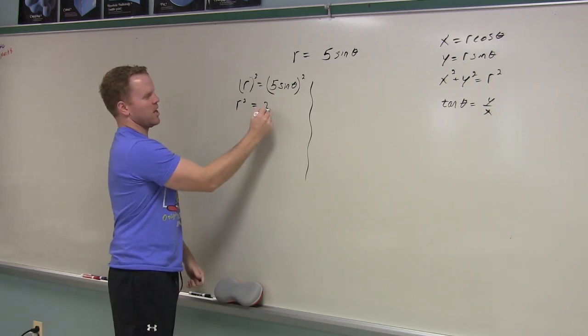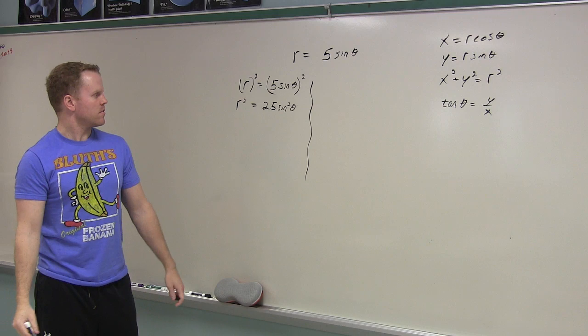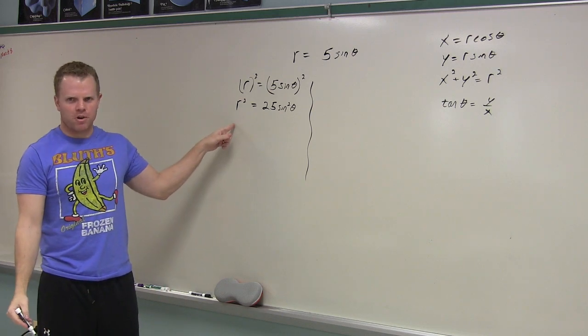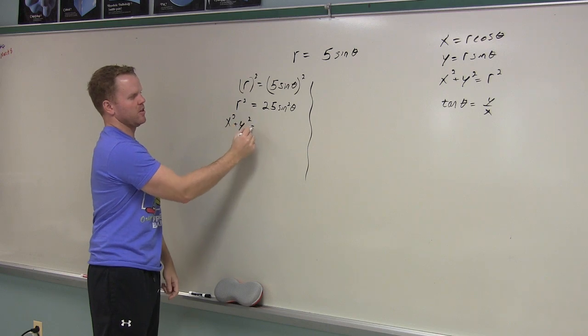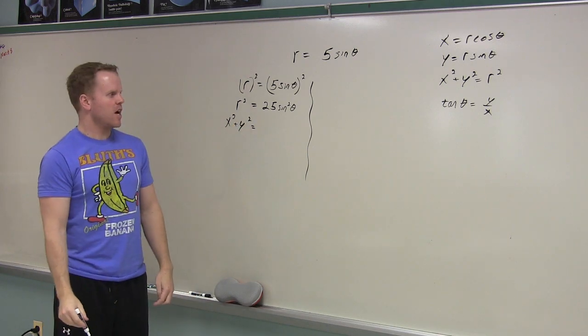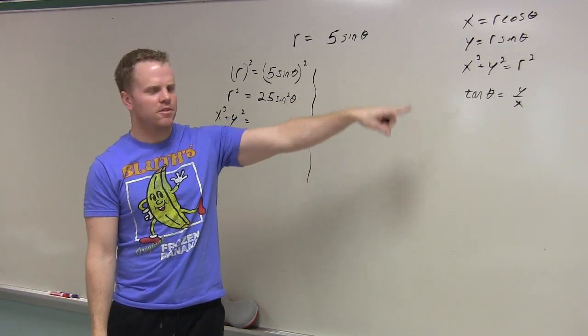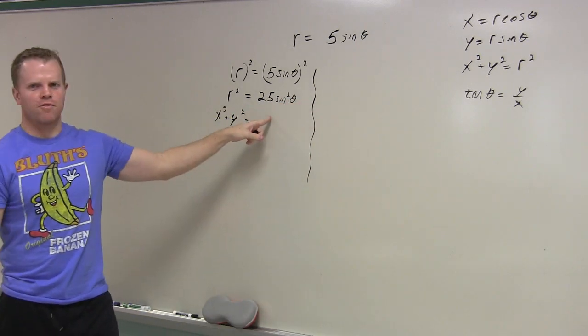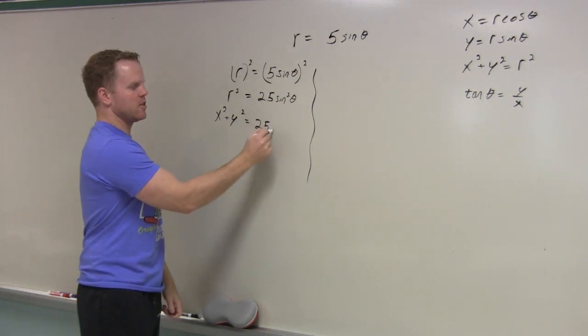And then you get 25 sine squared theta. Left side works out all nice and pretty, which we kind of knew was going to happen anyway. It's just x squared plus y squared. Right side does not work out quite so pretty because none of those things are readily apparent here. So right side, kind of a mess.